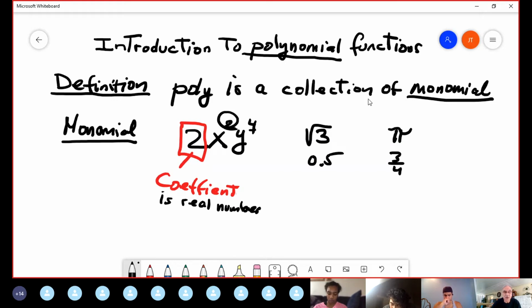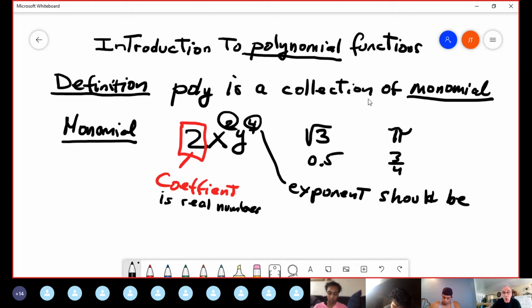However, this guy is the exponent. And the exponent in the definition of the monomial should be a whole number. And this is the important thing. Whole number means 0, 1, 2, 3, 4, positive integers.